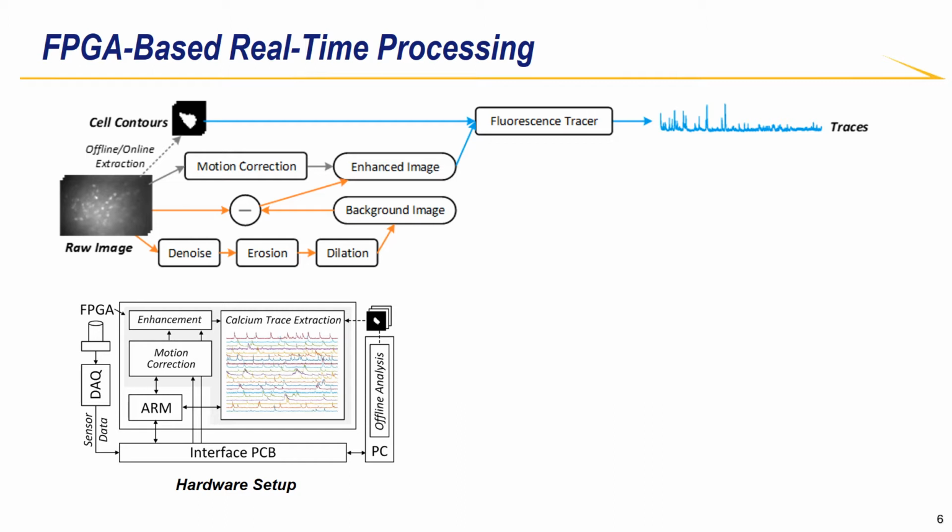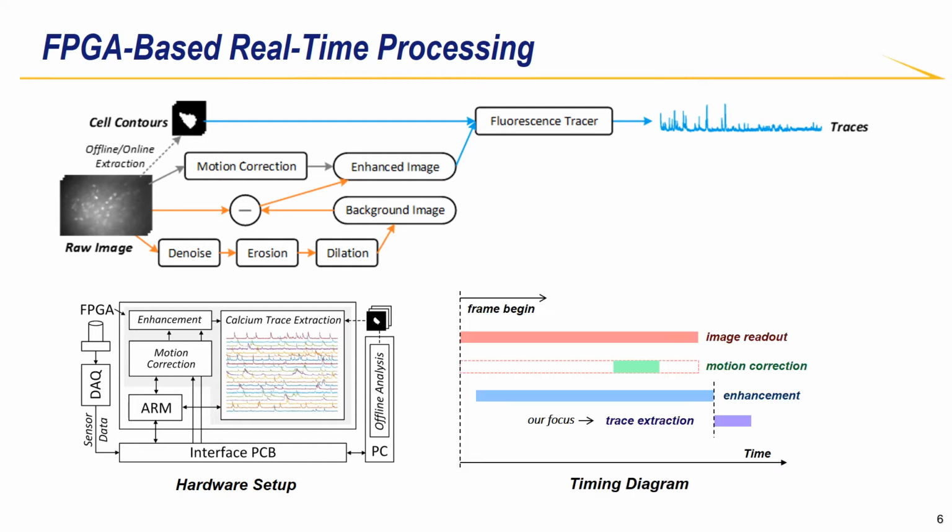On top of the FPGA, we built an interface PCB board that connects both the DAQ and a host computer. The DAQ transfers the calcium image data from the LFOV miniscope to the FPGA over the interface PCB, and the interface PCB sends the motion-corrected calcium image video and extracted cell traces to the host computer over the Ethernet.